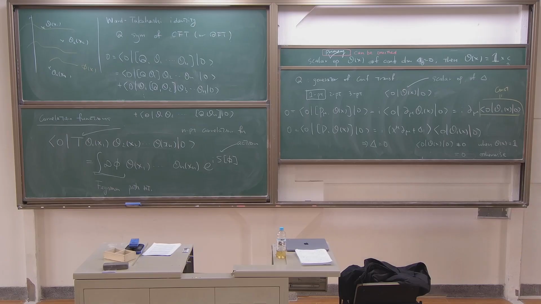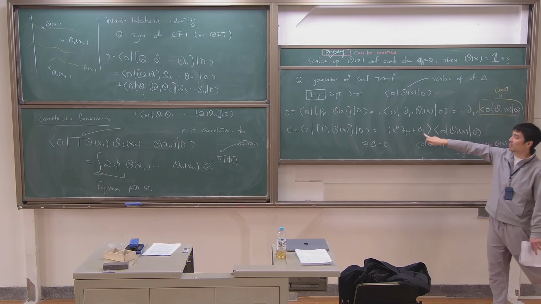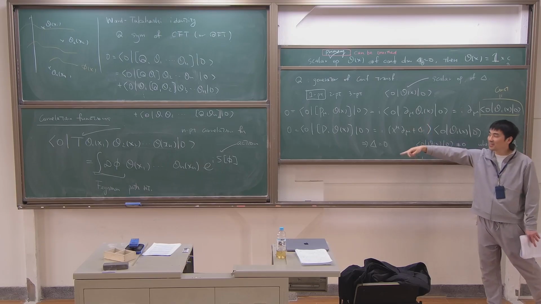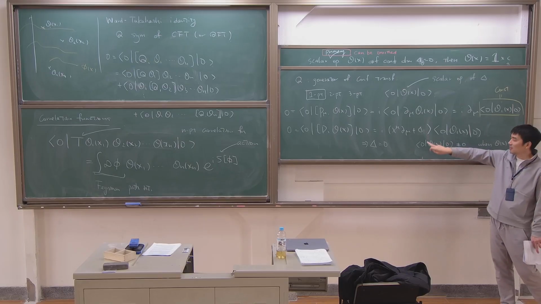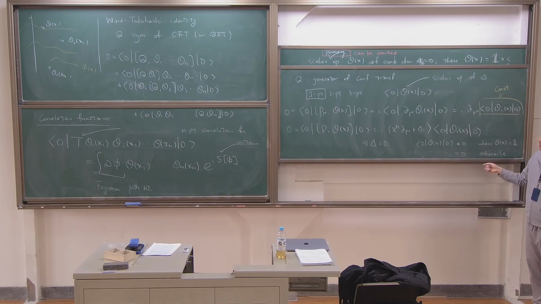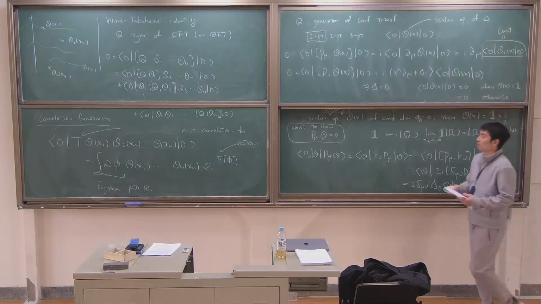If this is a non-zero constant and delta is non-zero, it cannot be 0, right? Therefore, if this is the identity operator, it can be non-zero, but otherwise it has to be 0. Do you understand? That's the property of the 1-point function.